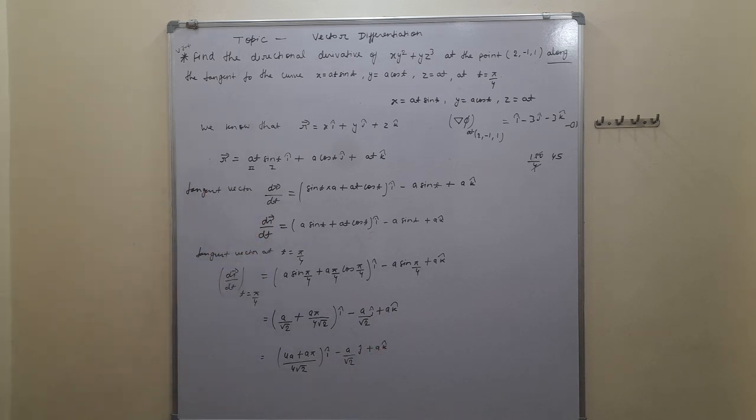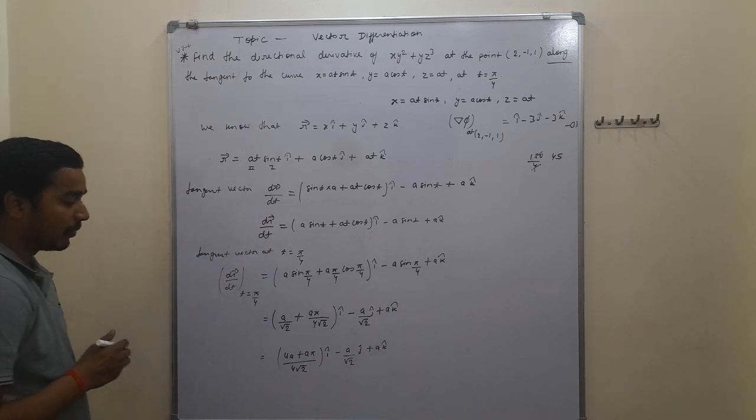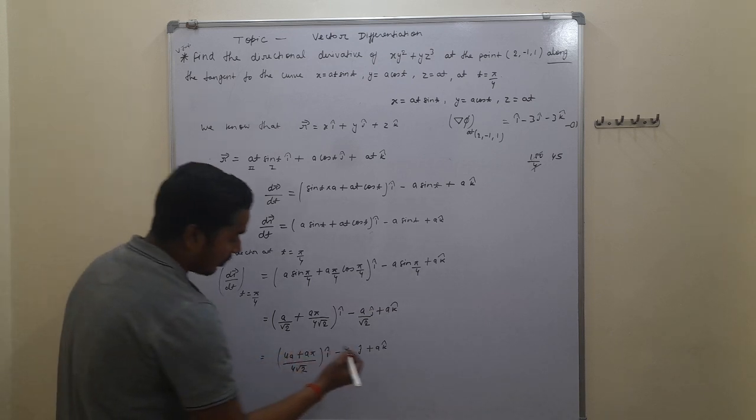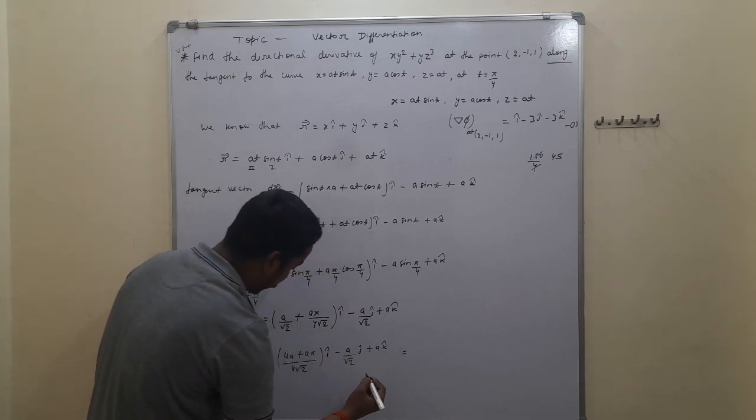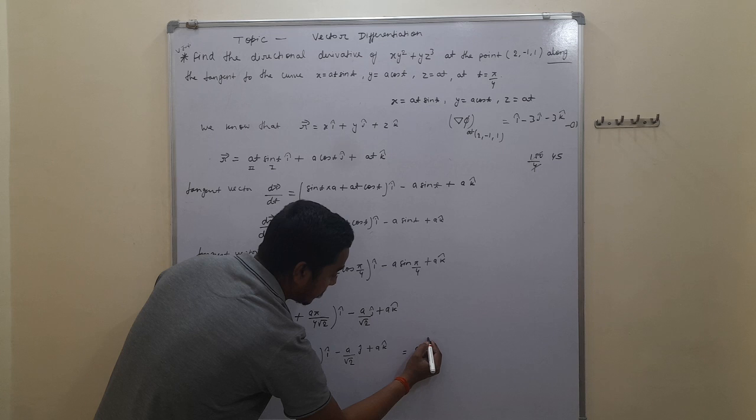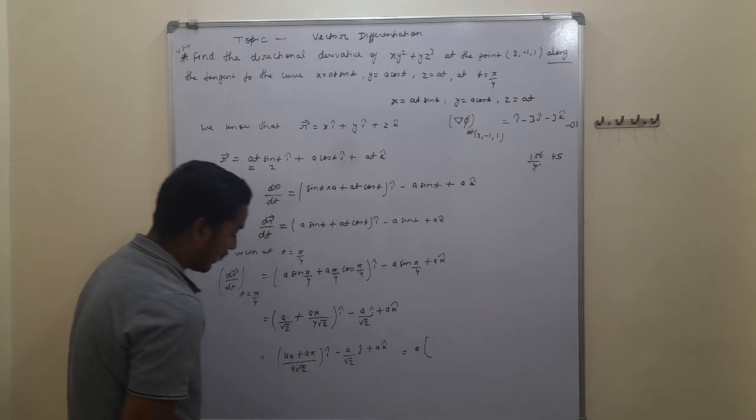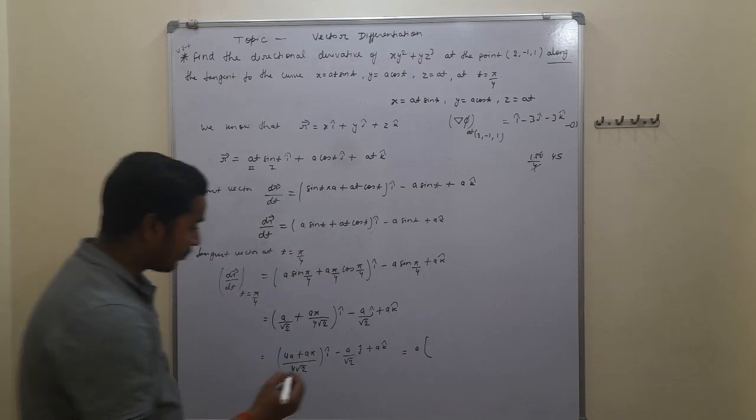This is the tangent vector at t equal to pi by 4. And we can also take a common from here. This is given by a taken common, and this is given by 4a.